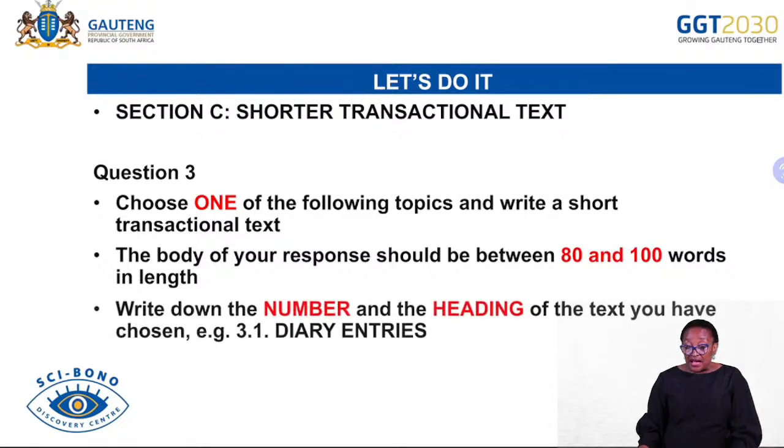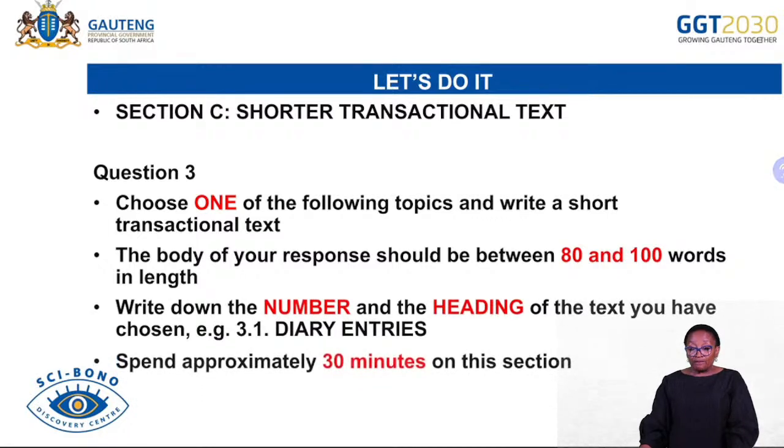Write down the number and the heading of the text you have chosen, e.g. 3.1 diary entries. Spend approximately 30 minutes on this section. Those are the instructions that you need to follow. Simple and straightforward. They're not difficult. Just carry out those instructions and that would give you more marks.